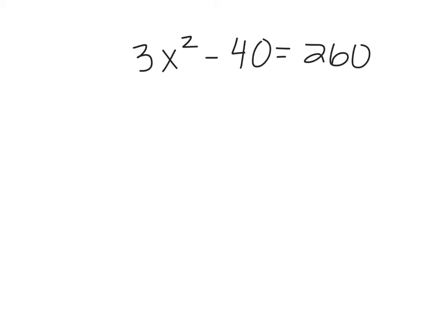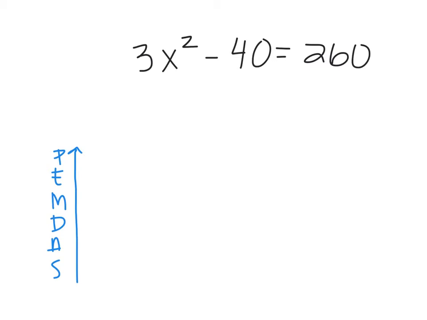For this next one, when we solve, we technically solve going opposite order of operations. Order of operations is PEMDAS. So when we solve, we go backwards. We really solve SADMAP using inverse operations.